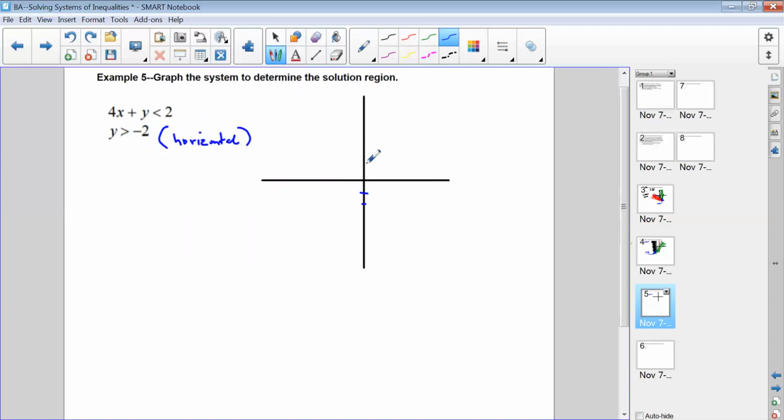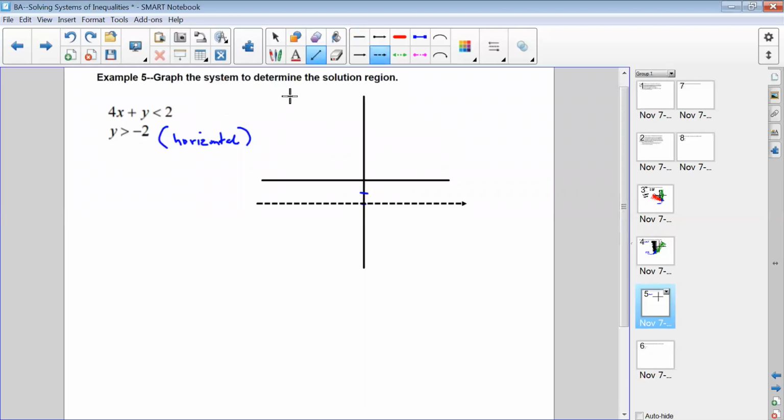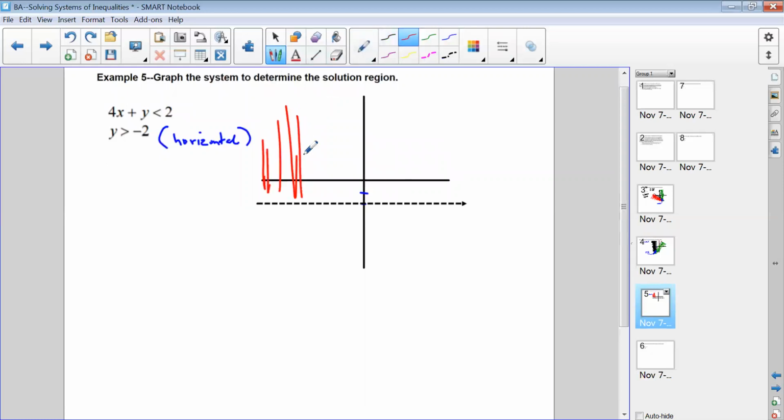So at y equals -2, will we have solid or dotted? It would be a dotted line. And I want everything greater than that. Okay, so I want all values that are larger than that dotted line.